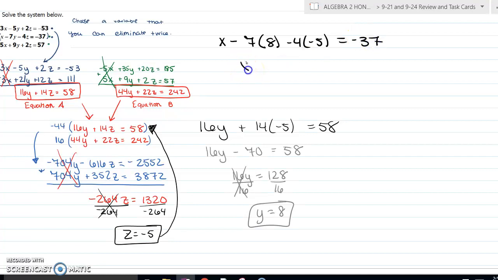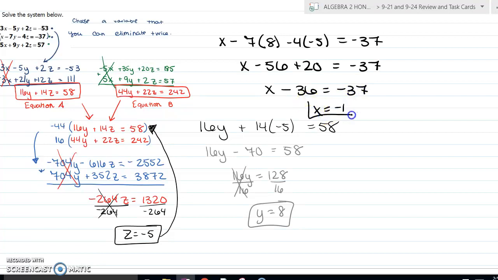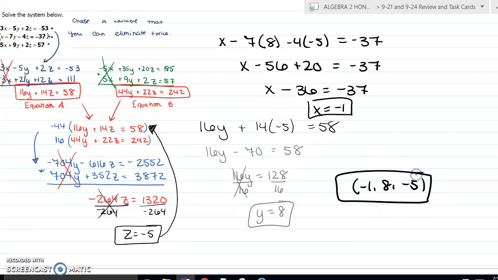So we get x minus 56 plus 20 is negative 37, which is x minus 36 is negative 37, so x is negative 1. And we write these in alphabetical order, negative 1, 8, negative 5, x, y, and z.